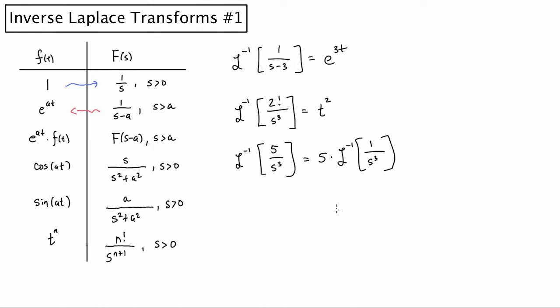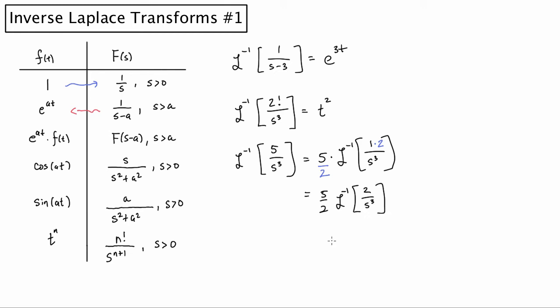But 1 over s cubed is not going to fit this exactly right because it should be 2 over s cubed. Well, what you can do then is multiply by a 2 in here and compensate by dividing by a 2 out here. So that what you have is 5 halves inverse transform of 2 over s cubed.